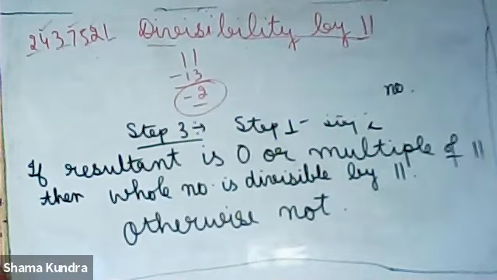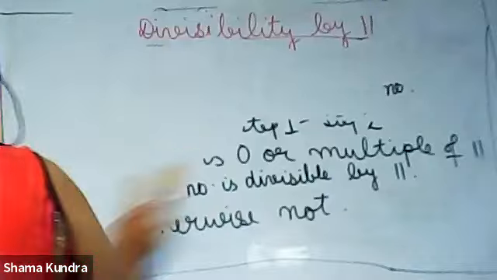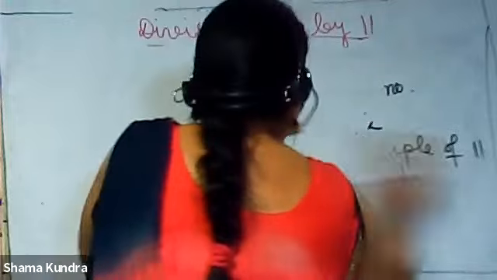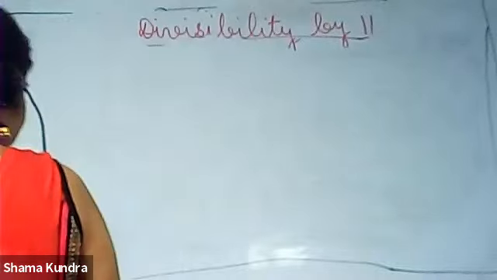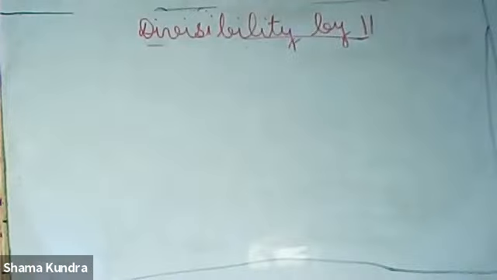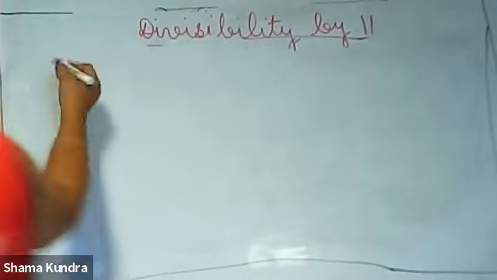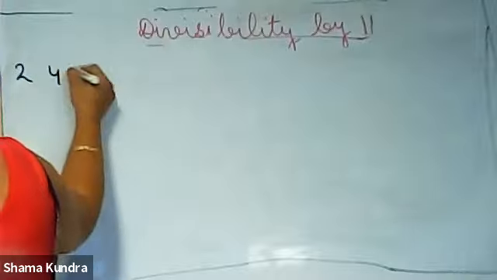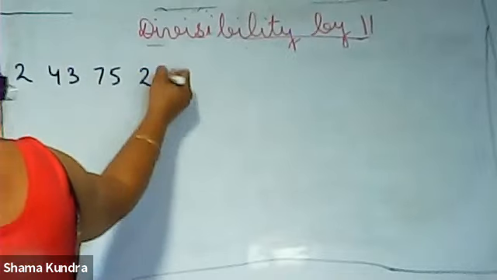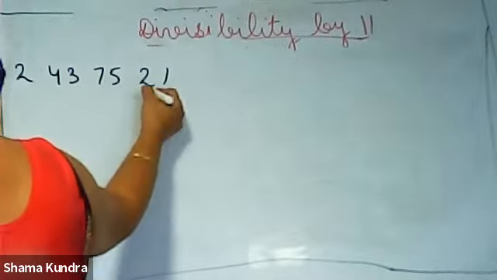We have one more method for the divisibility rule for 11. I will explain it with an example. Suppose I have the number 2, 4, 3, 7, 5, 2, 1. First of all, make pairs.